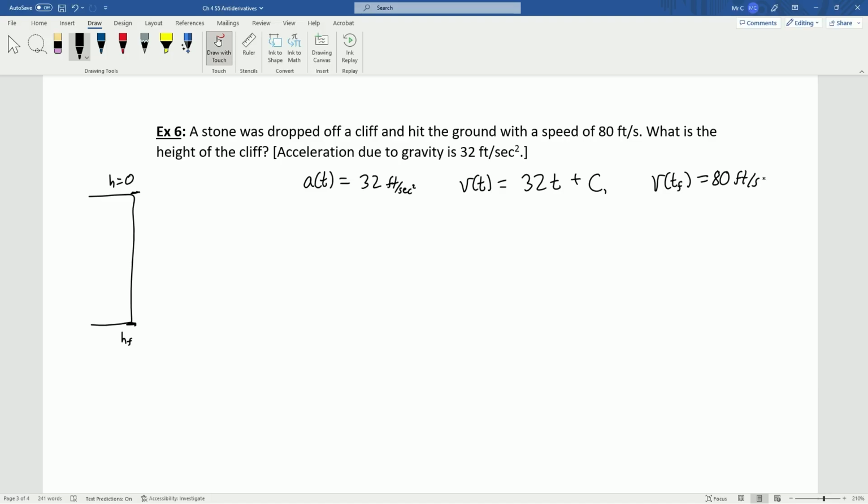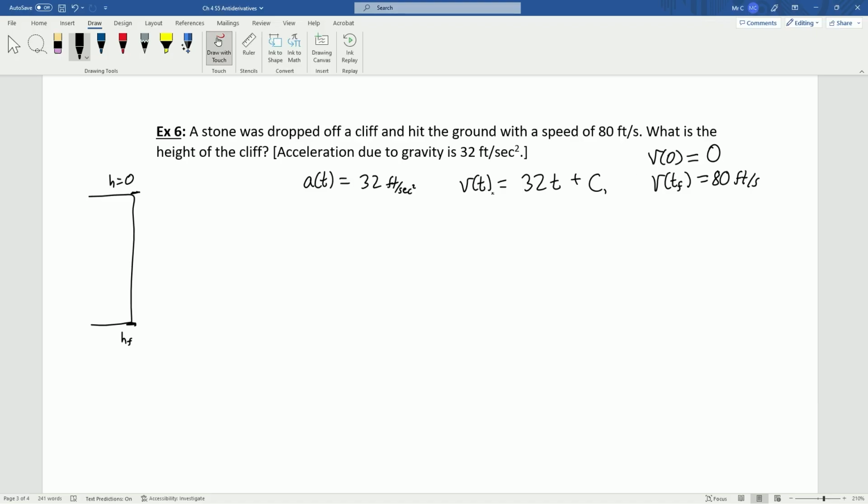Okay, so, well, what was the initial velocity? I'm getting a little bit ahead of myself. Well, the initial velocity is the moment the stone was dropped off the cliff. But if you're holding a stone in your hand and you drop it, the second you let go, the stone isn't moving yet at that instant, right? So the initial velocity is 0.